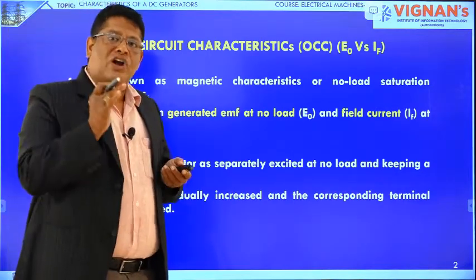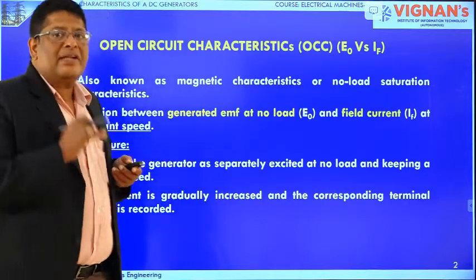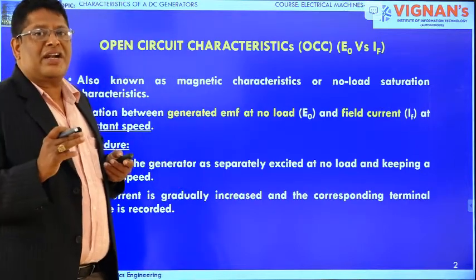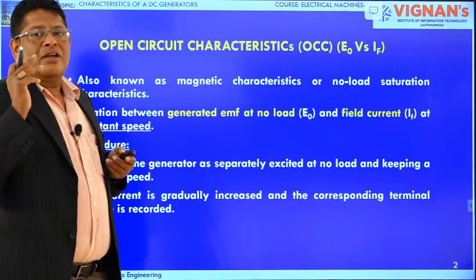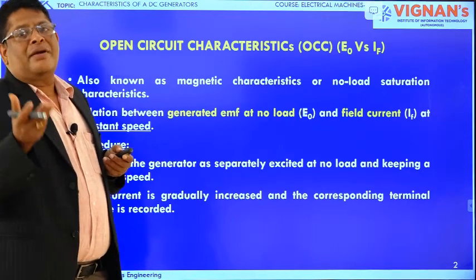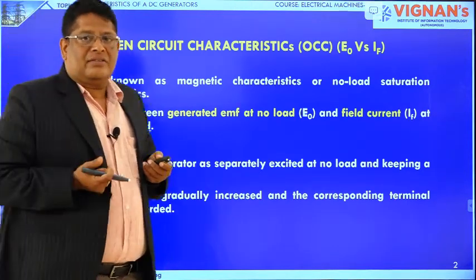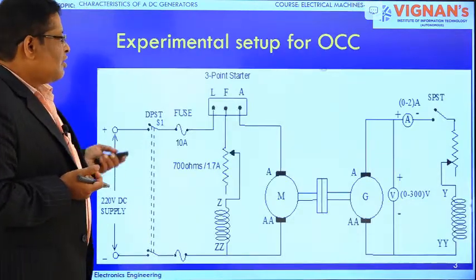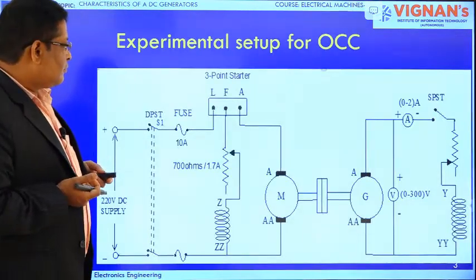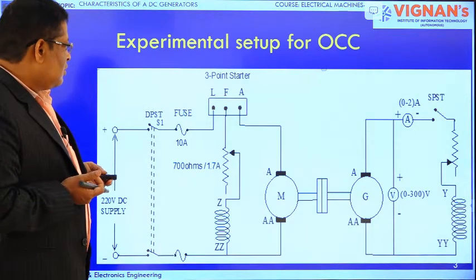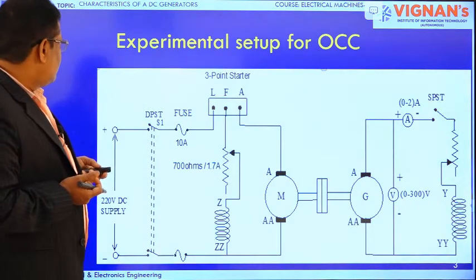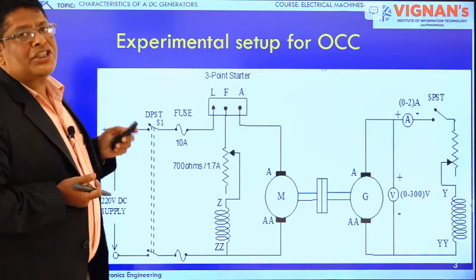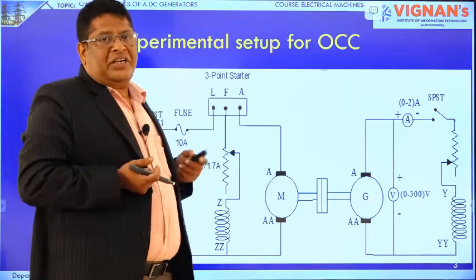The generator is already connected to the motor. By means of the motor, you run the generator at a constant speed, which we can measure by means of a tachometer. So this is the circuit diagram for the OCC characteristics of a DC generator.